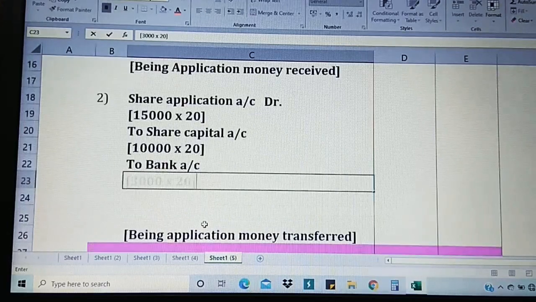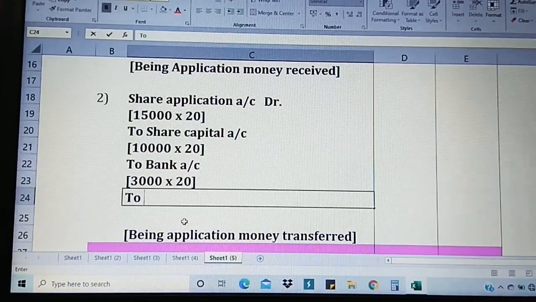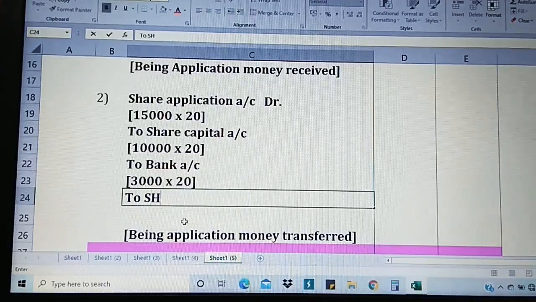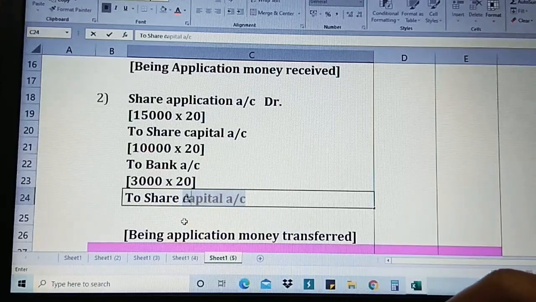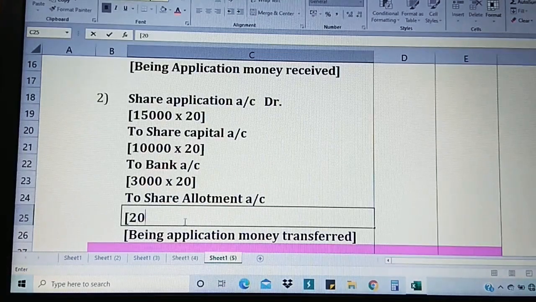And then to Share allotment account, we take the balance of 2,000 into 20.